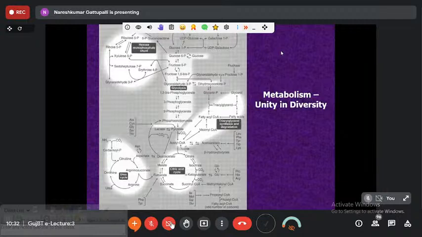Irrespective of the living system, all of them have to converge to make the same components. That is the beauty of the system. That is what we are looking for in metabolism: unity in diversity. Although each organism has diverse metabolism, we are looking for the common principles.